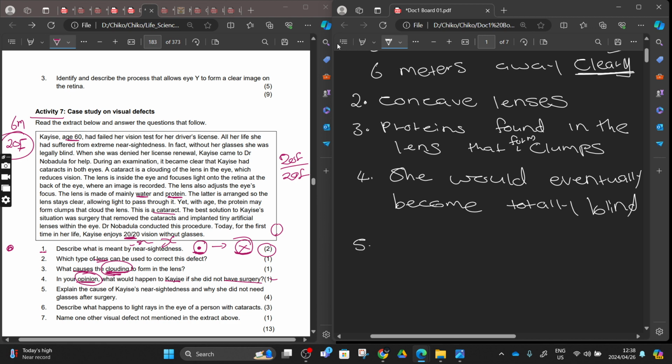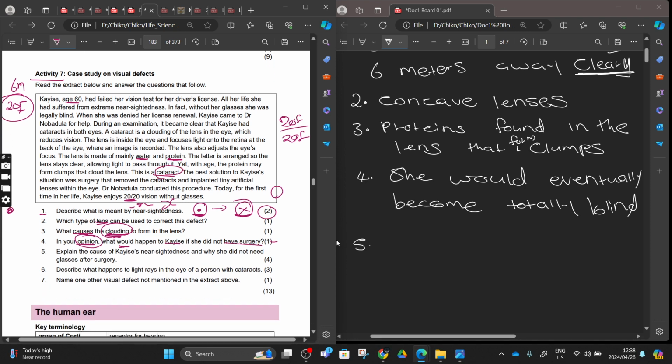Number 5, she would eventually become totally blind, or she could, because we are saying what could happen. So she could. We were not sure. We are just thinking that maybe, if the cataracts did not develop further, she was going to be fine with blurred images, not blind.